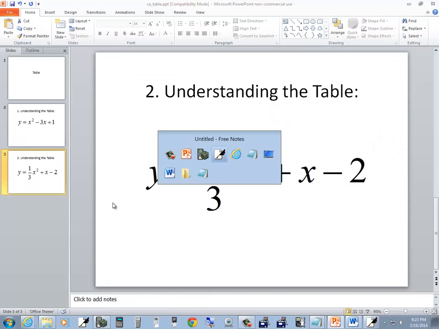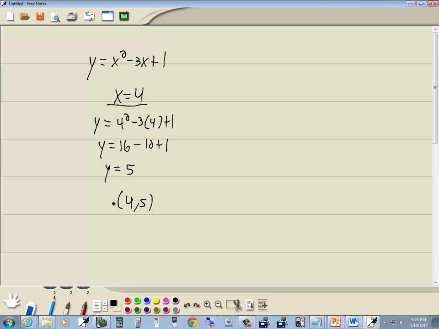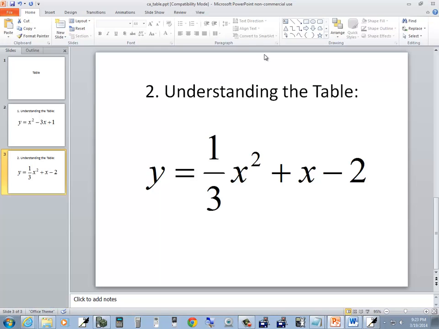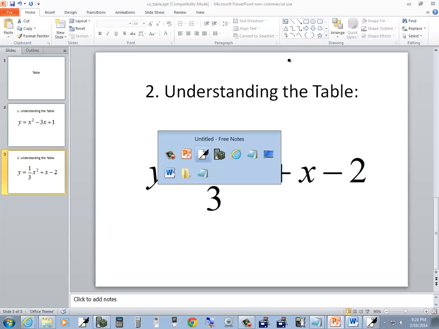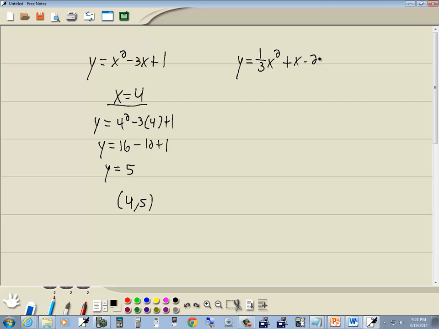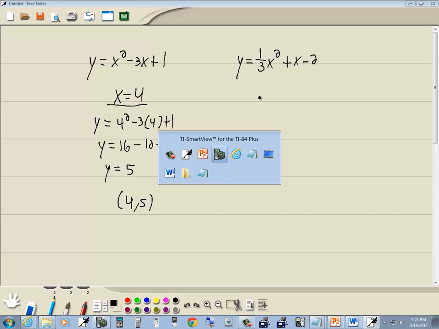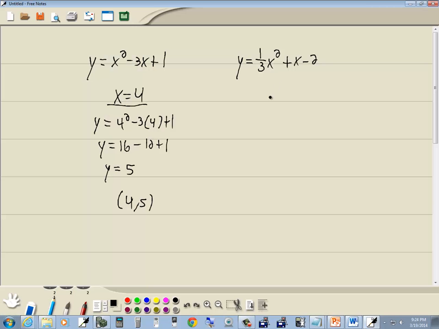This value right here, let's look at this. We got y is equal to 1/3 x squared plus x minus 2. And the value I plugged in was 5. Well, let's put 5 in there and see what we get.